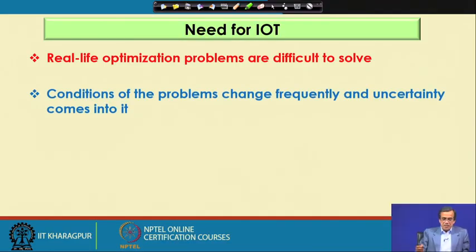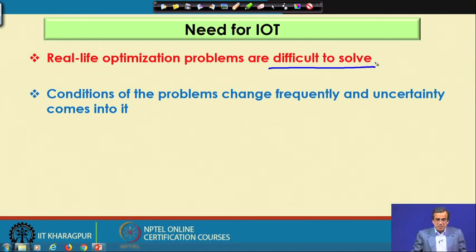Now, this real life optimization problem, as I told, is very difficult to solve because it has a few problems: we may not get a very well defined objective function. There could be discontinuity in the objective function, it could be dynamic in nature and all such things.